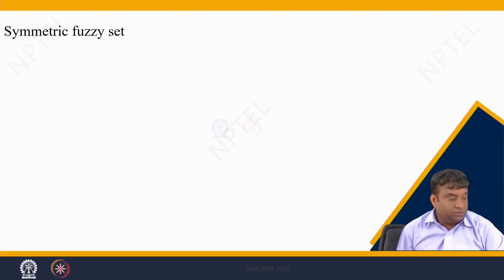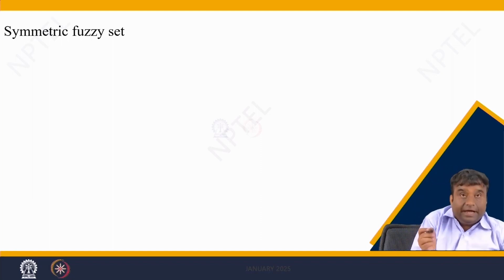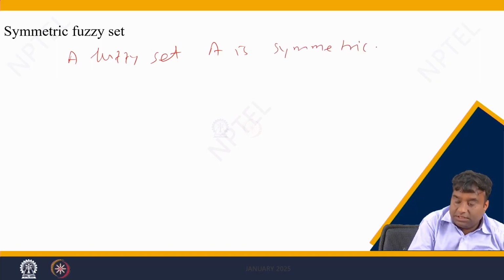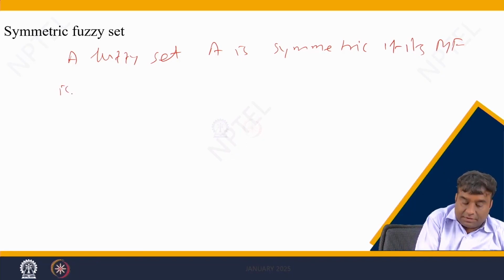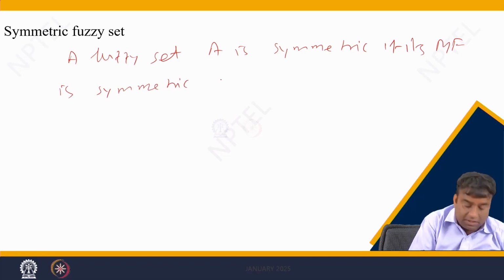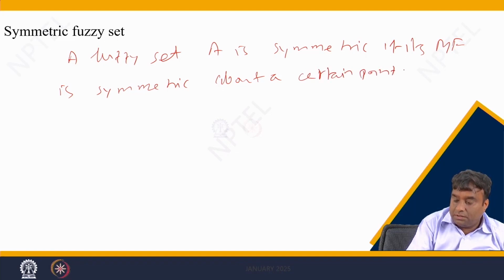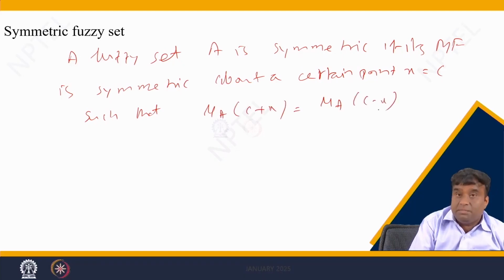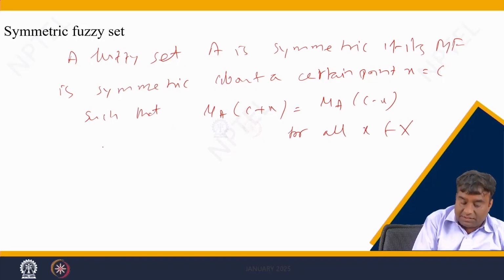Now symmetric fuzzy sets. A fuzzy set A is symmetric if its membership function is symmetric about a certain point x equal to c, such that mu A(c plus x) equals mu A(c minus x) for all x belonging to the universe set X. I mean, this diagram you will get like a symmetry.